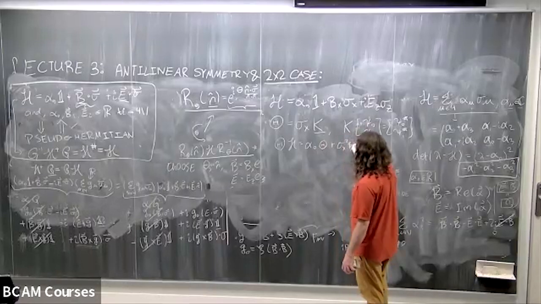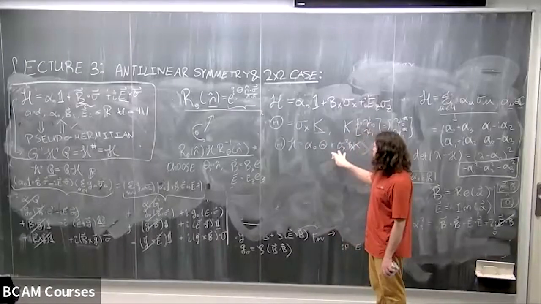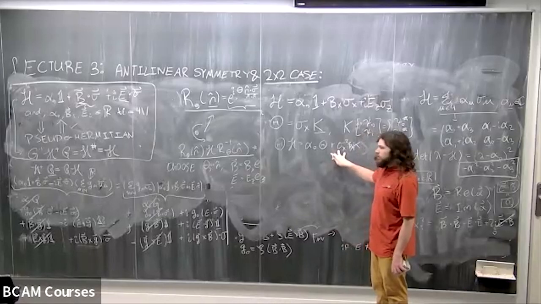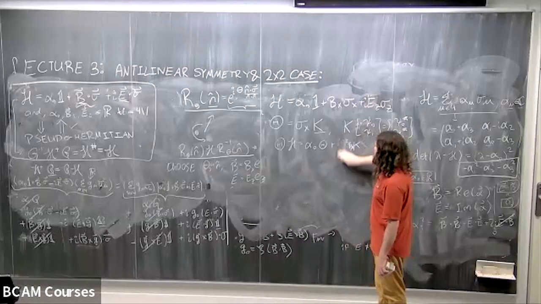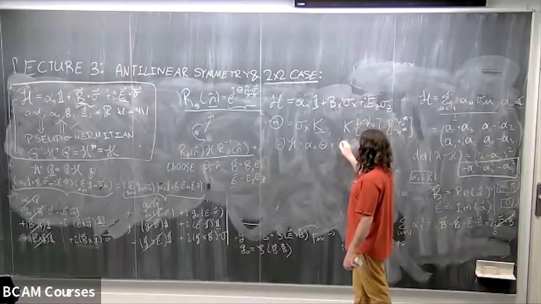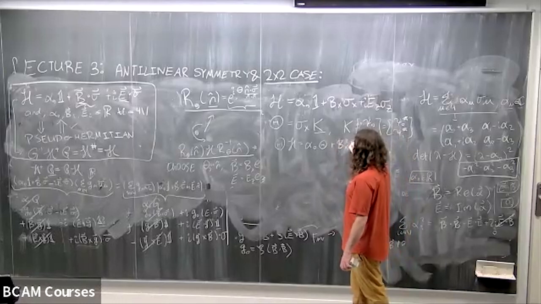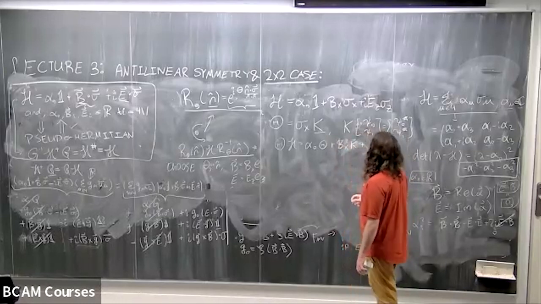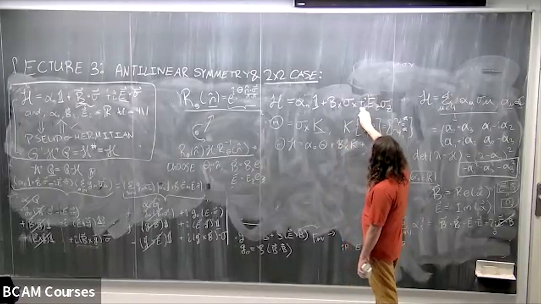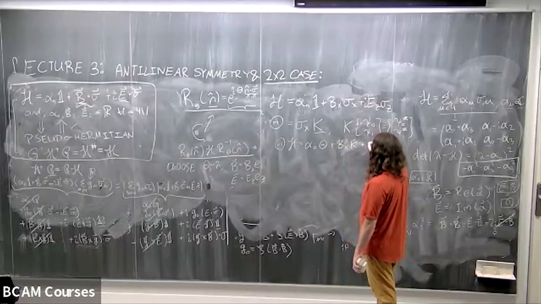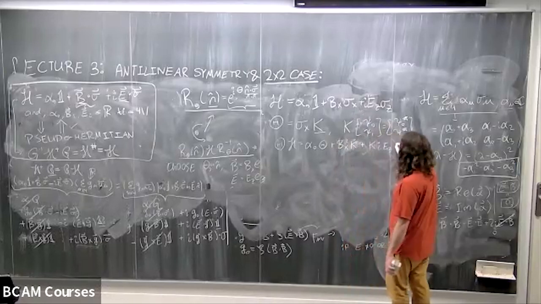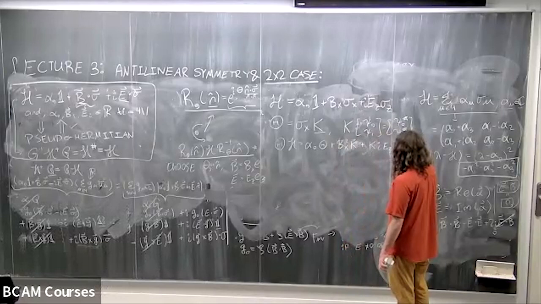And another nice property of the Pauli basis is not only are these guys Hermitian, but they're also involutions. So this is just identity. And then here I'll get plus, so I'll just leave the K over here for now. I have plus K I e v sigma x sigma z.